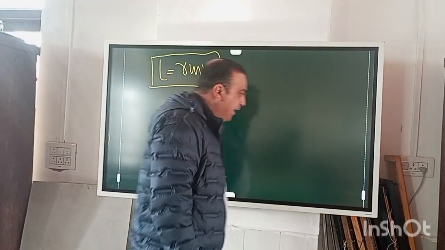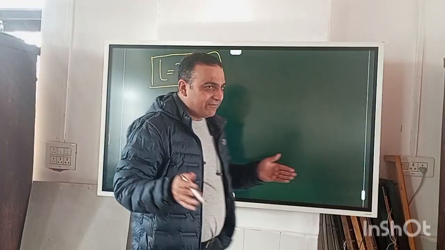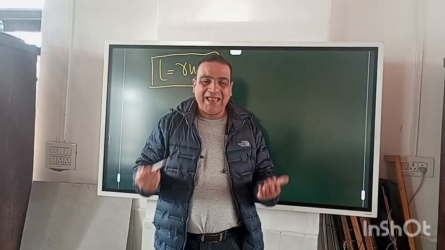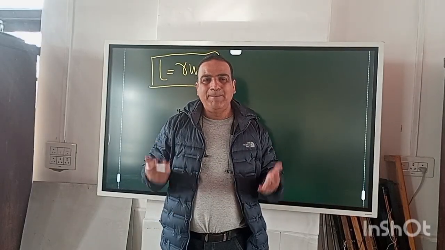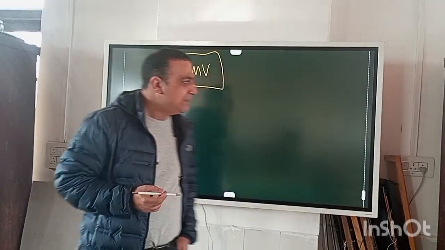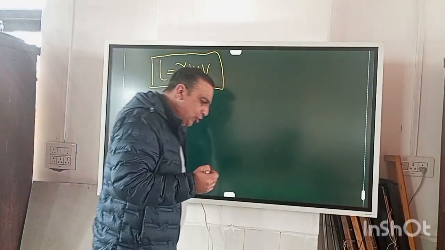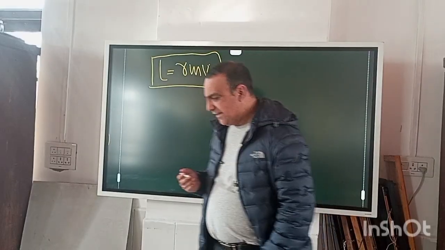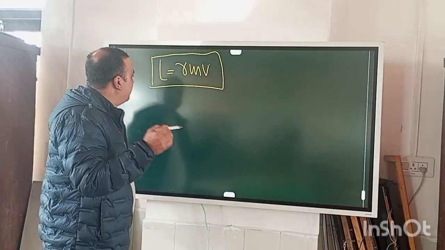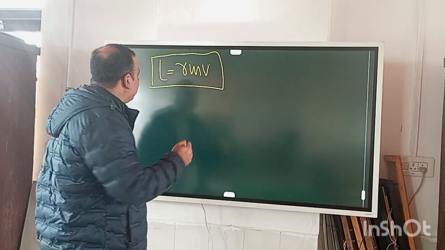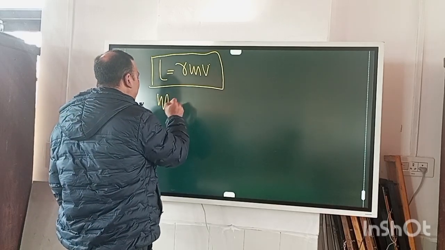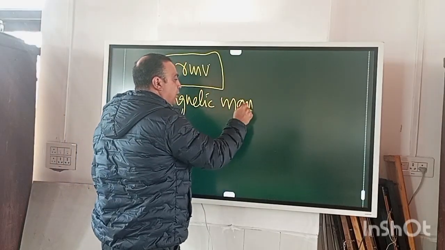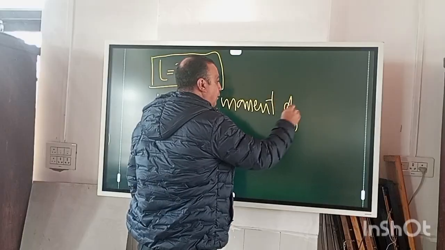Now, since we have a magnet, this system is treated as a magnet. This magnet has a moment, what is called the magnetic dipole moment. Since the electron is revolving around the nucleus, we can define the magnetic moment of this revolving electron.